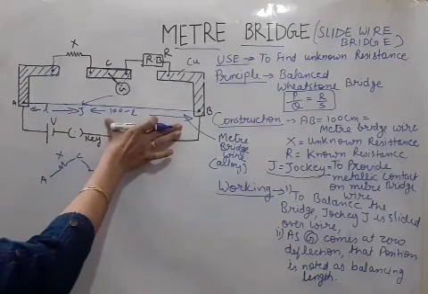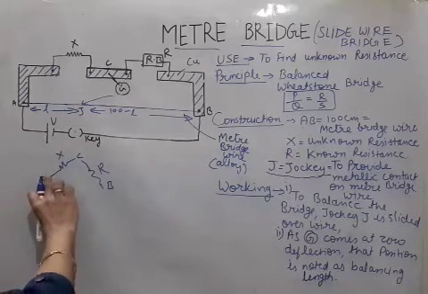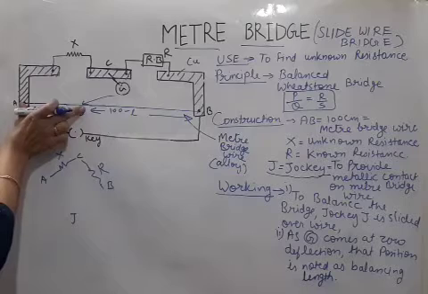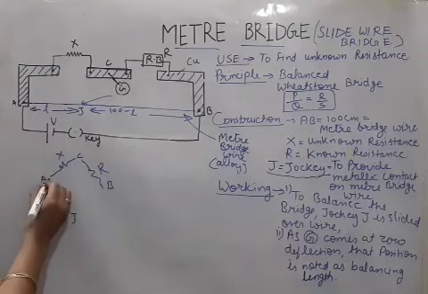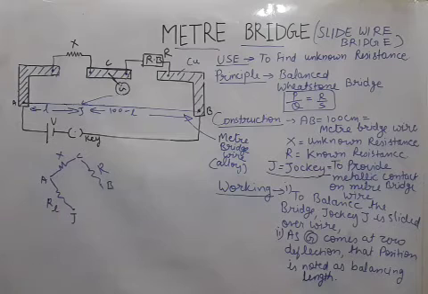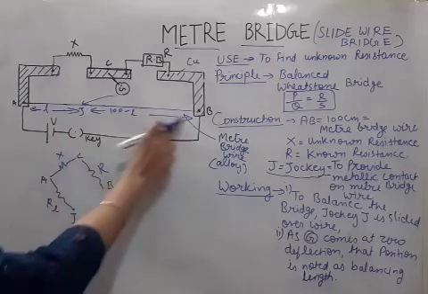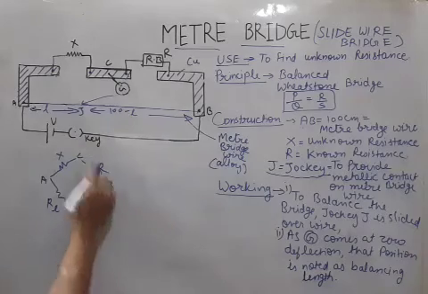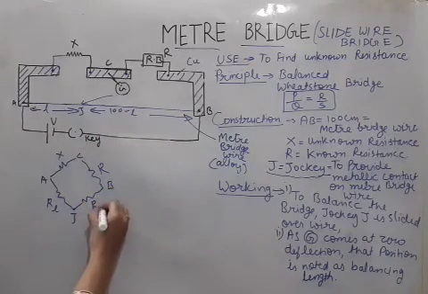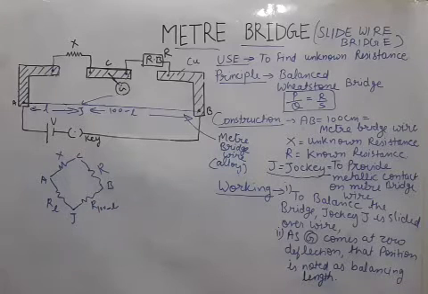So J to B will be 100 minus L centimeter. So how do we represent it here? You see, between points A and J there is a wire of length L. So we will write it like this. Between A and J, the resistance of L length, with L written in suffix. Then between J and B, there is a wire whose resistance we can name R 100 minus L, with 100 minus L written in suffix.